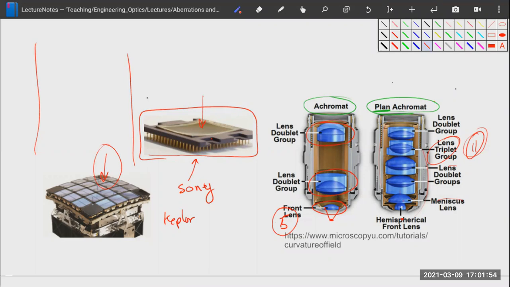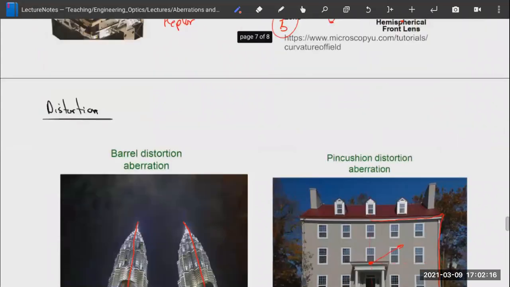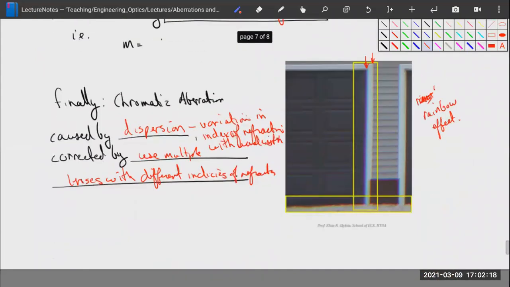And as we'll see when we talk about stock lenses that you buy from Thorlabs or something like that, the extra freedom you have with a doublet, having an extra interface and an extra index of refraction, actually allows you to dramatically correct for spherical aberration, things like that. So that's chromatic aberration.